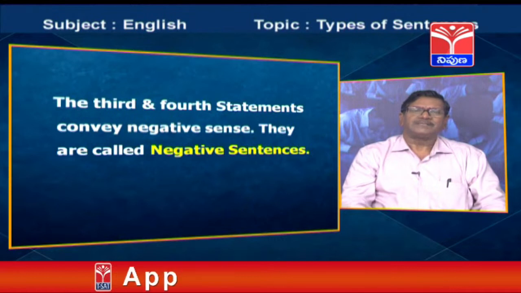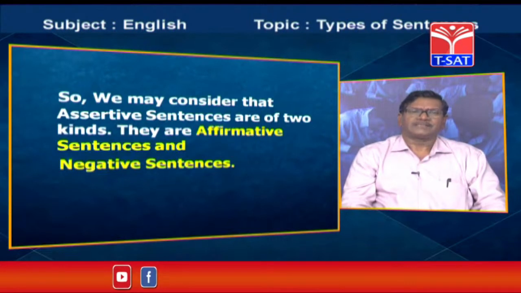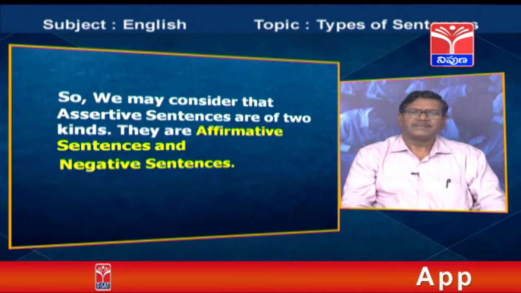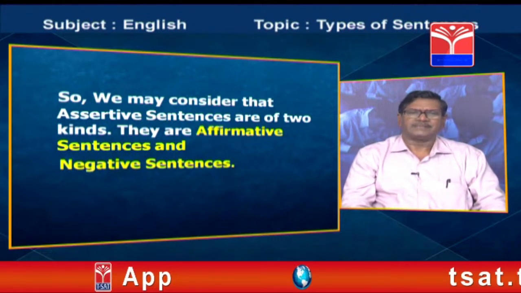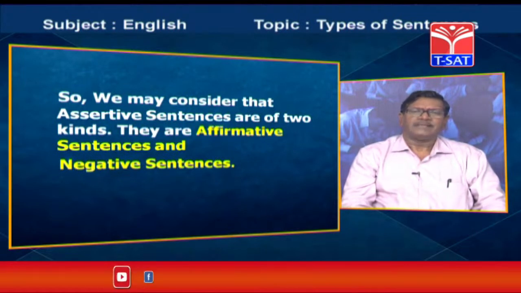So, there is negativity. They are called negative sentences. We may consider that assertive sentences are of two kinds. So, assertive sentences ఎన్ని రకాలు ఉన్నాయి? ఒకటి affirmative sentences, రెండోది negative sentences. So, two kinds of sentences are there in assertive sentences.